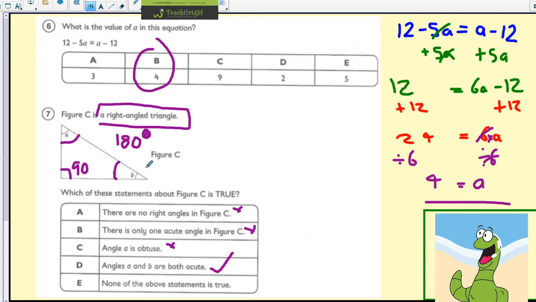For example, this one could be 89, and this could be 1, and that would work. It wouldn't look anything like this particular triangle, but that could never be more than 90, because if it was, of course, it wouldn't work. It would be a square. So I found my answer. Just to check, none of the above statements. Well, no, I found one that is.